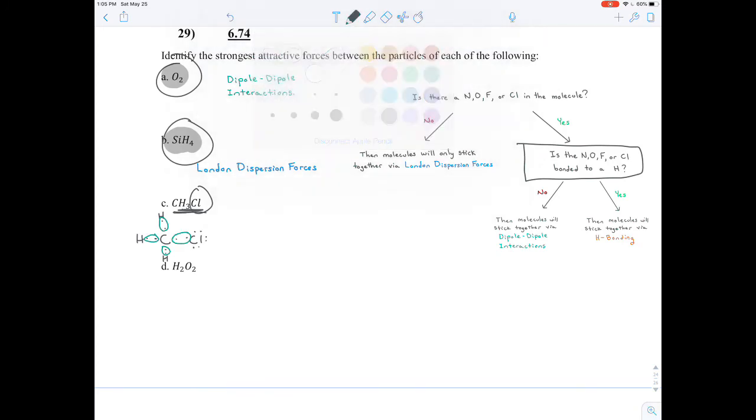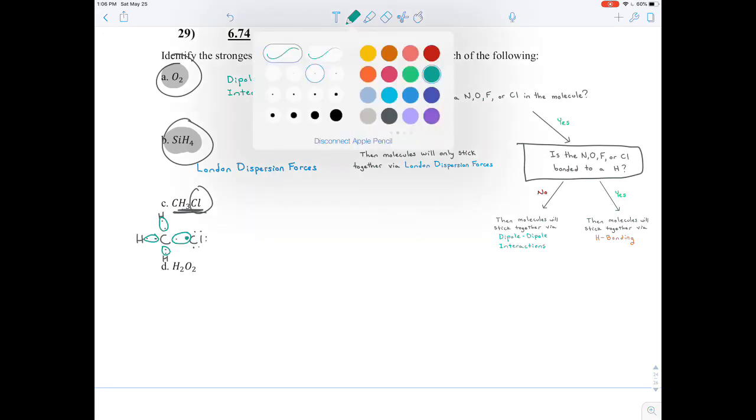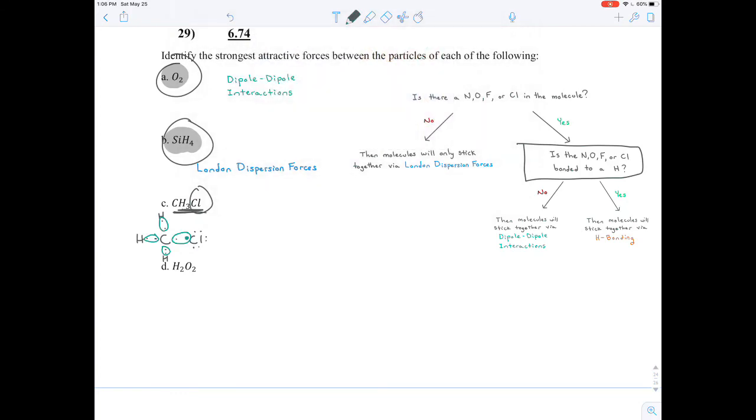The chlorine only has 1 unpaired electron, and so it can only form 1 bond. So if it made a bond to the hydrogens, then it wouldn't be able to connect to the rest of the molecule. So technically, in this example, the chlorine is not bonded to the hydrogen. And so the strongest thing sticking this together would be dipole-dipole interactions. So we'll take that as the strongest intermolecular force for this molecule.